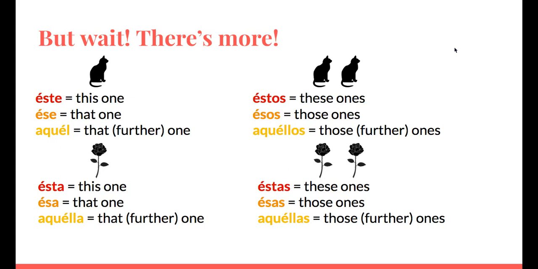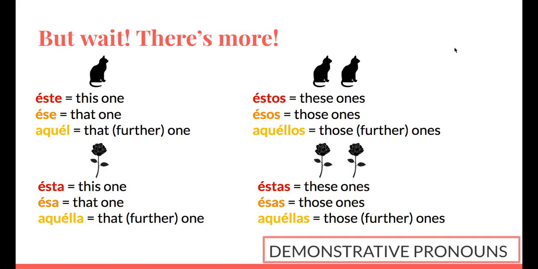So, for example, in the upper left, when I say este with an accent, that means this one. If I say esta with an accent, that means this one. I'm not saying this cat or this flower, I'm just saying this one. These are called demonstrative pronouns. First, we had demonstrative adjectives, and now we have demonstrative pronouns.